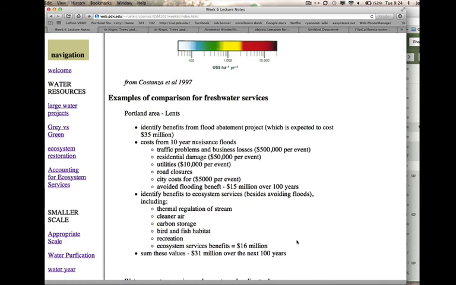And what you end up with is a very functional, sustainable stream and set of ponds that will hold water, instead of some engineering solution that will just somehow dump the water under and pump it to get rid of floods. So this is an example of how the City of Portland used the assessment of ecosystem services to justify this larger project.